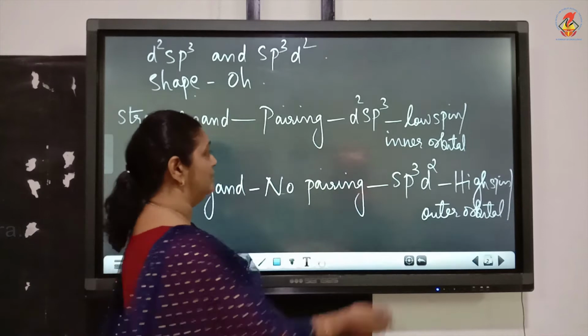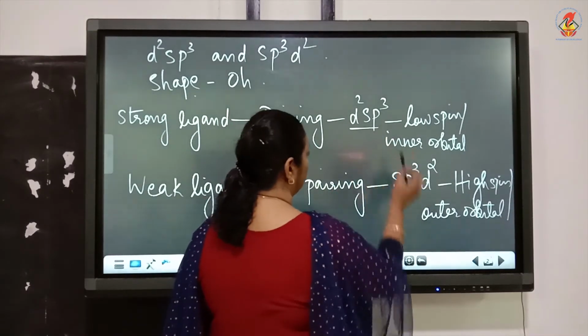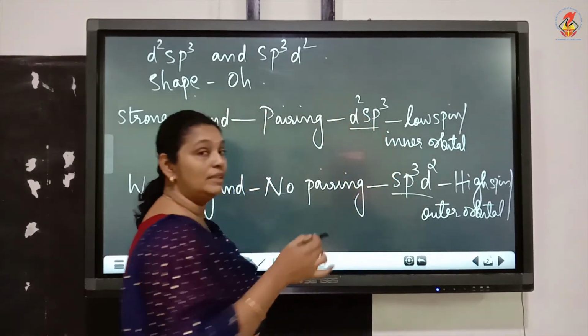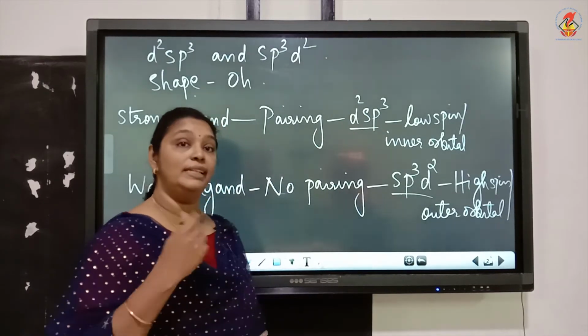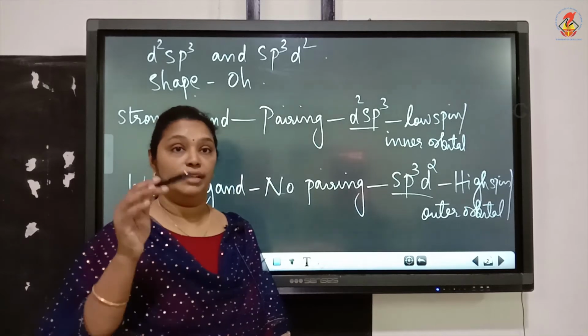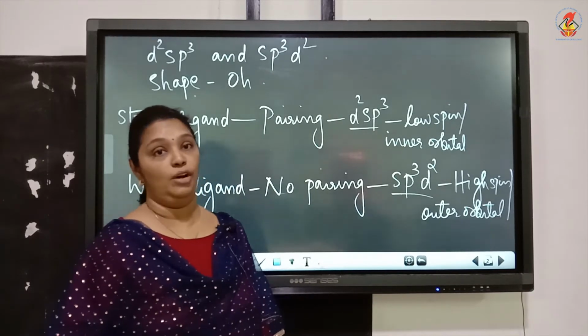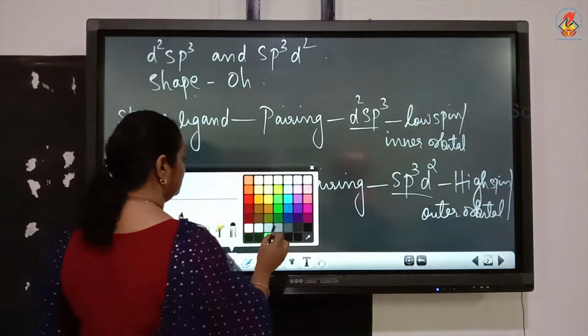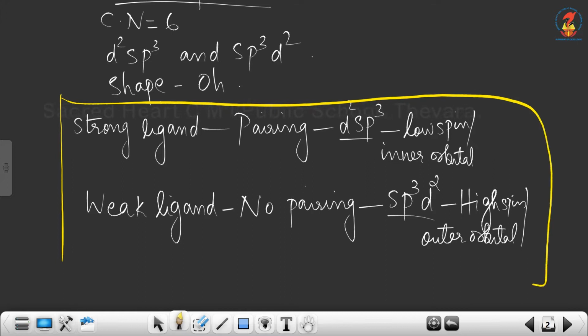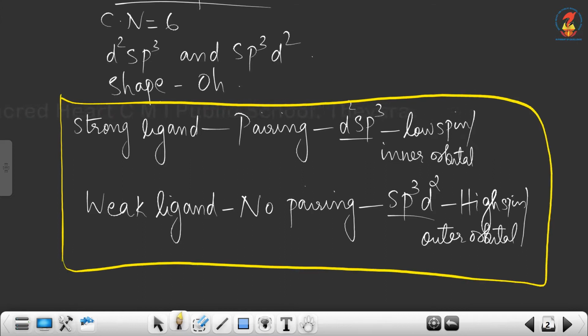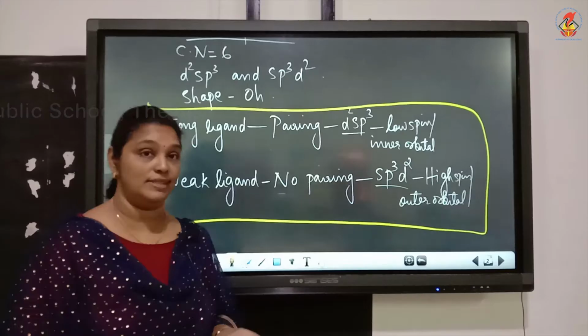So in d2sp3 it is the 3d orbital involved in hybridization, and in sp3d2 the orbital involved is the 4d orbital. This is something very important, you have to learn before we study the examples. Strong ligand: pairing, d2sp3, and low spin or inner orbital complex is formed.